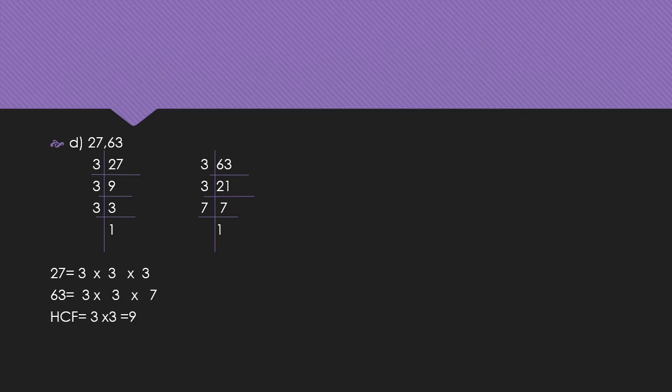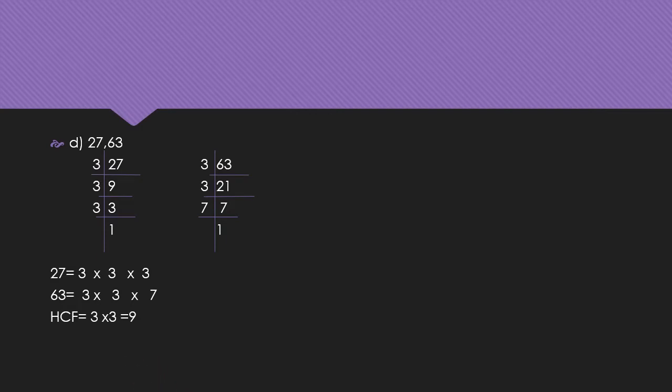Okay, question number D, 27 and 63. In this question also we can use the same method. First, do the prime factorization of 27, then do the prime factorization of 63. Now write the factors of 27, then write the factors of 63.